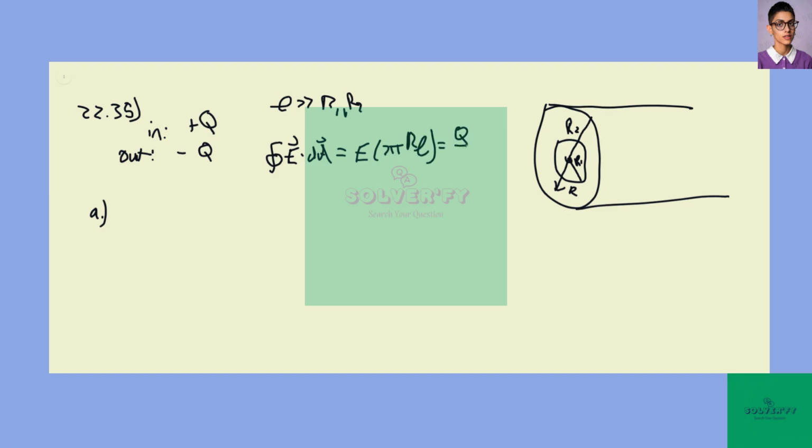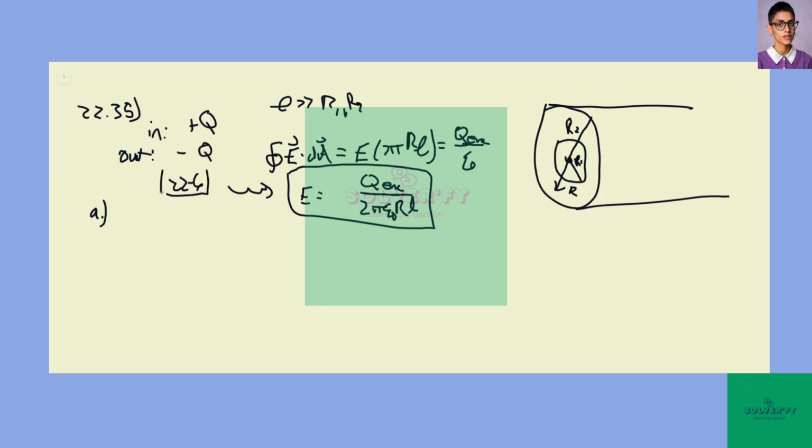And this is equal to what Gauss's law says, which is the charge enclosed over epsilon naught. Meaning that a Gaussian cylinder has an electric field that's radial and goes as Q enclosed over 2 pi epsilon naught RL. So this is what we're going to use mainly, and we might need to go back and look at different examples following 22.6 if you're confused at this point. Example 22.6 in the book.